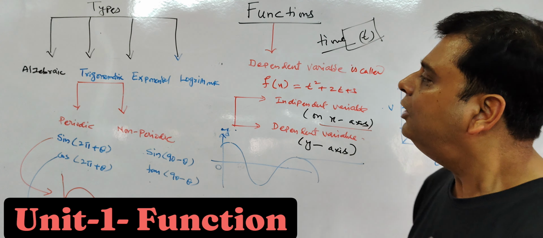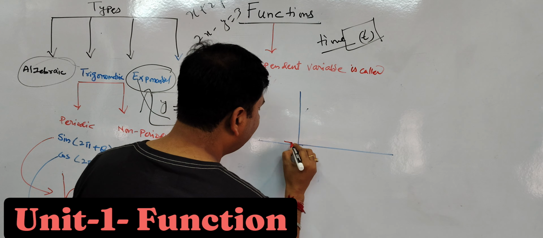Now when we try to draw the graph of an exponential function, it looks something like this. Let me draw that particular graph. So I am drawing the graph of exponential function.